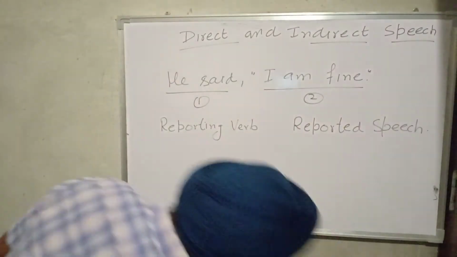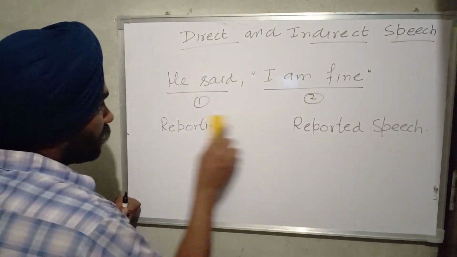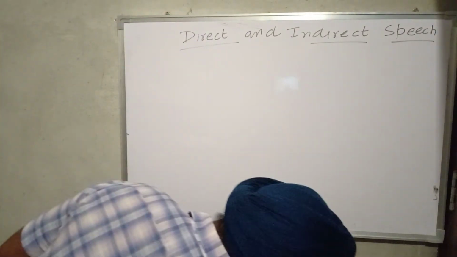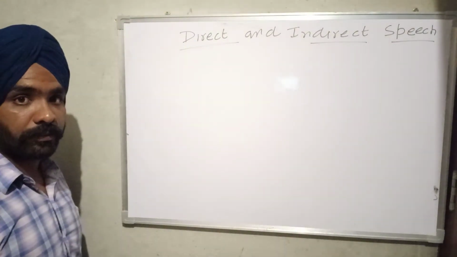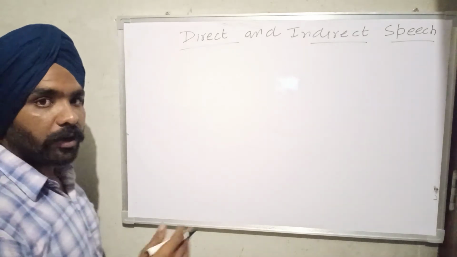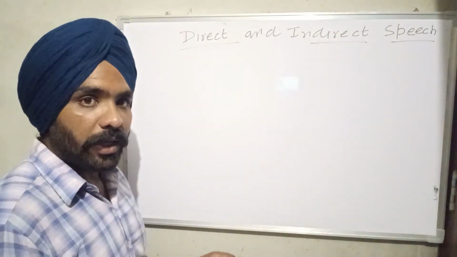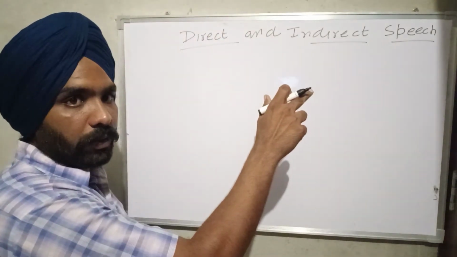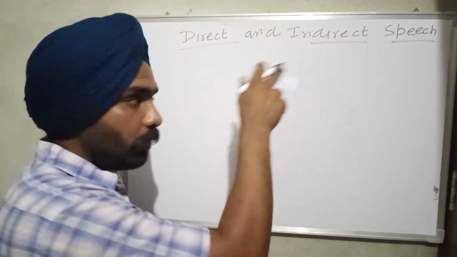So now, first of all, we will talk about the changes in the tense. What kind of changes do we need to make when we change direct into indirect and indirect into direct?